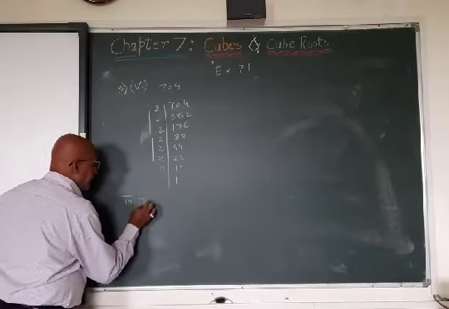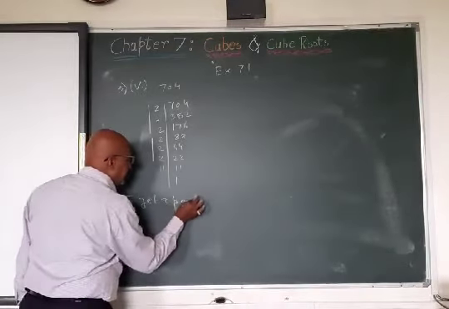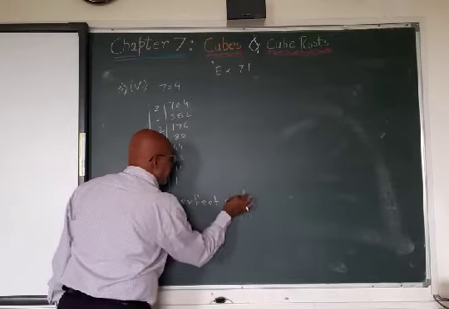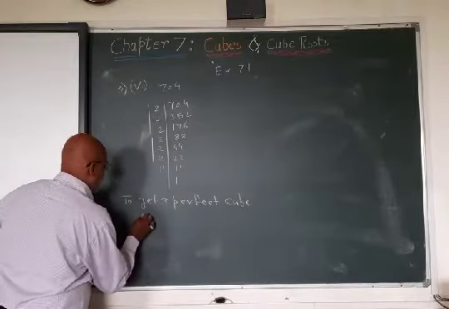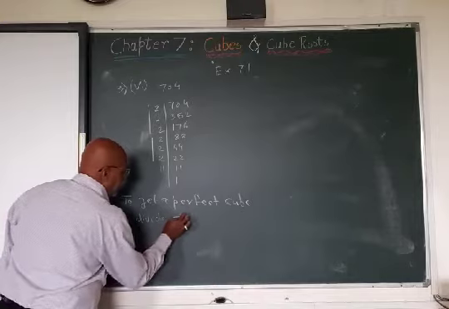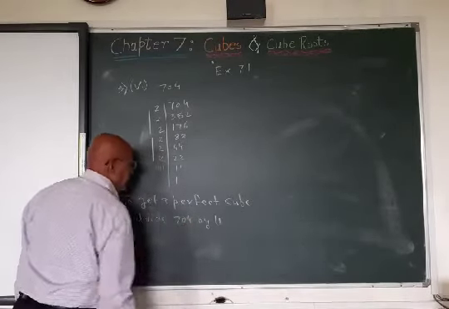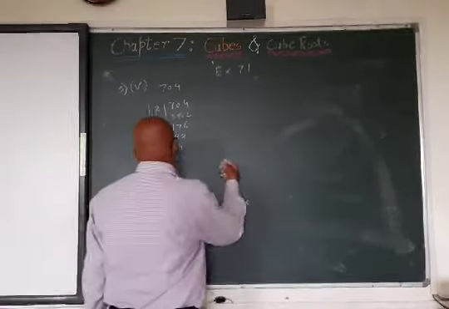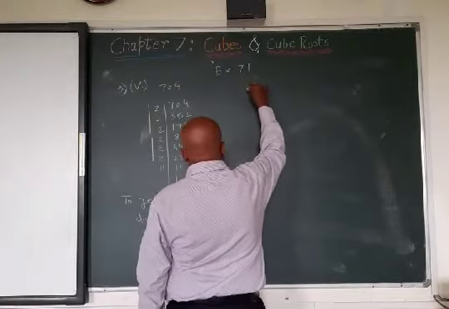So to get a perfect cube, divide 704 by 11. Divide 704 by 11. So when we divide this by 11, what do you get?